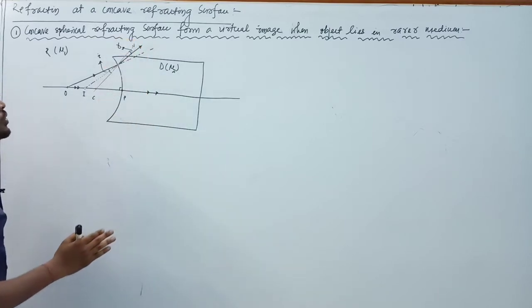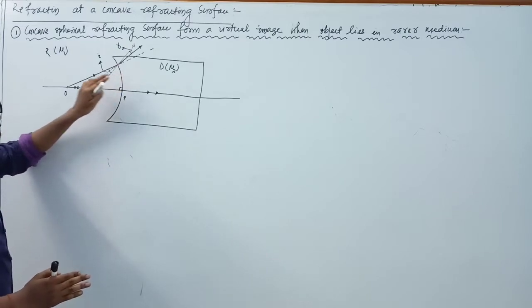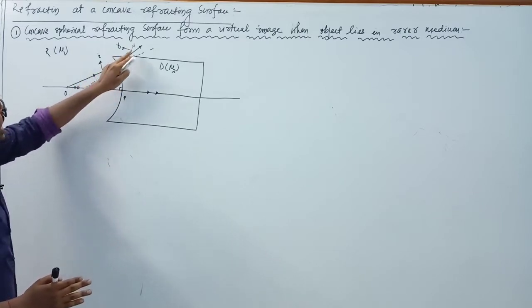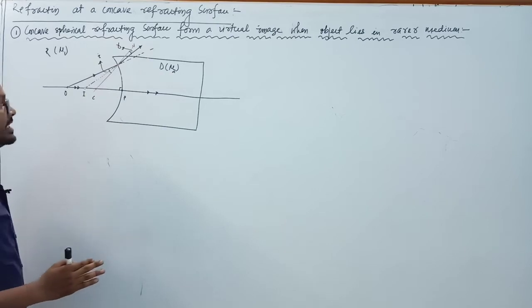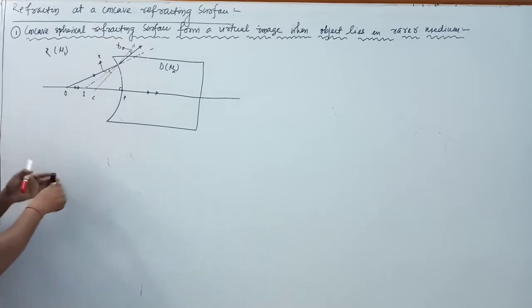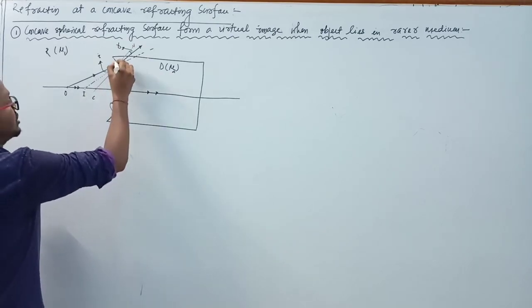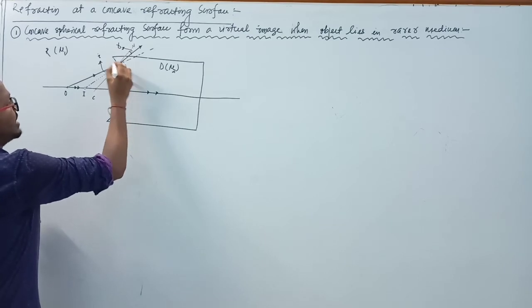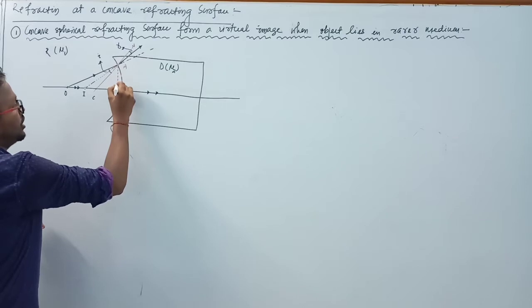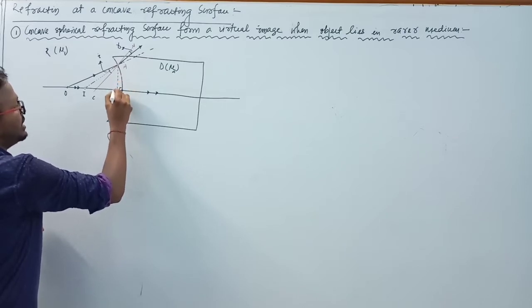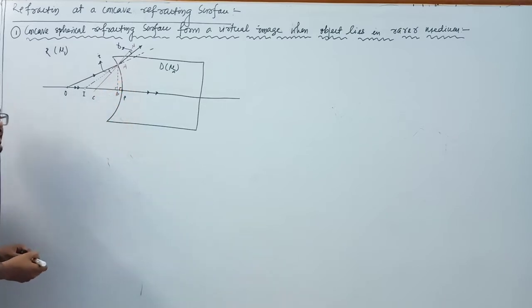So we have to focus on which angle is the angle of incidence and which is the angle of refraction. Clear? Now suppose this point A, and we draw a perpendicular from O which strikes at point B on the principal axis.